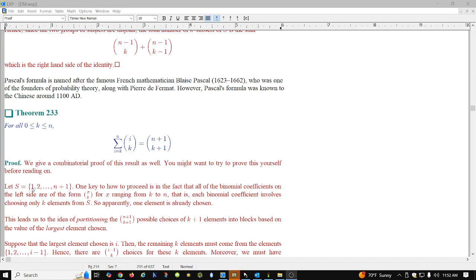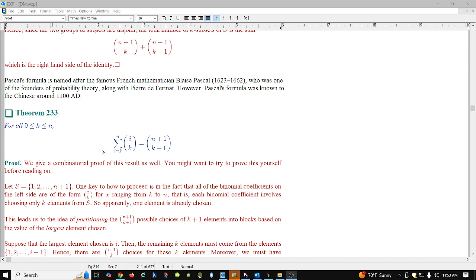Let S be the set of integers from 1 to n plus 1. Now the key here is similar to the one in the previous proof. On the left side, in this case, there is something common to every term, and that is the k, the lower number, and the upper number ranges from k to n.